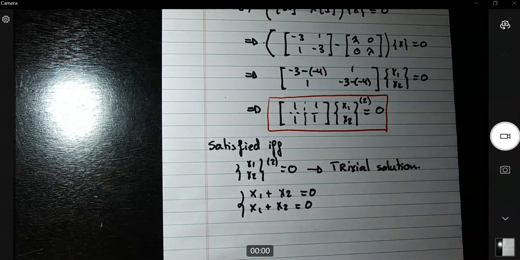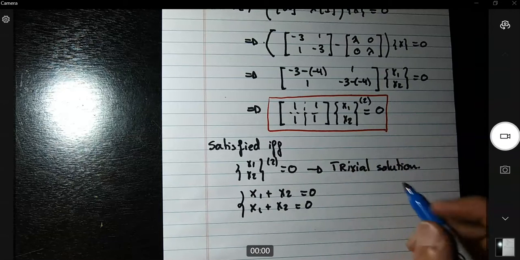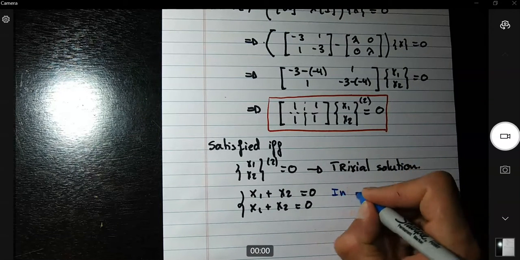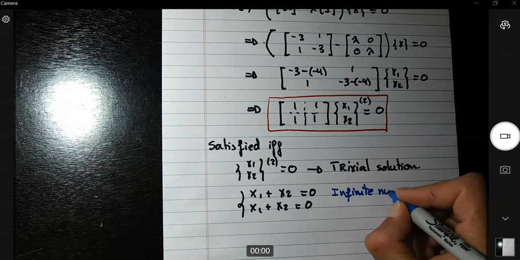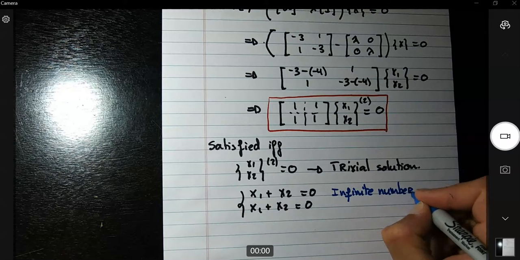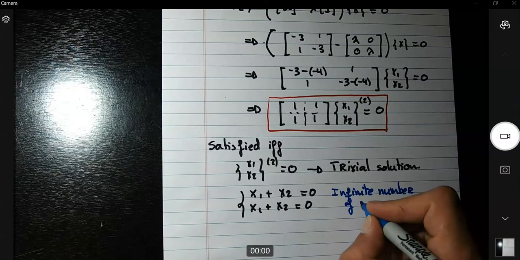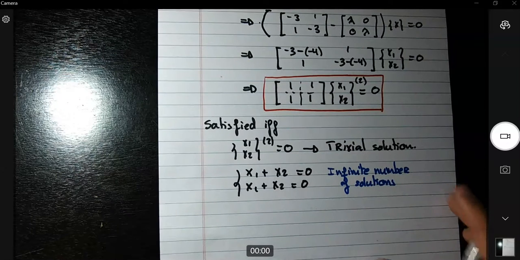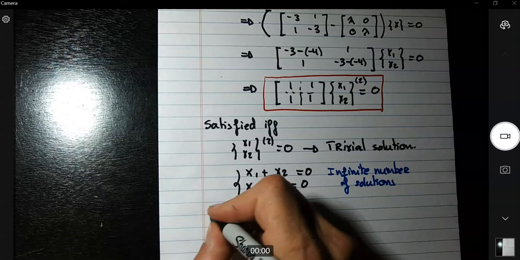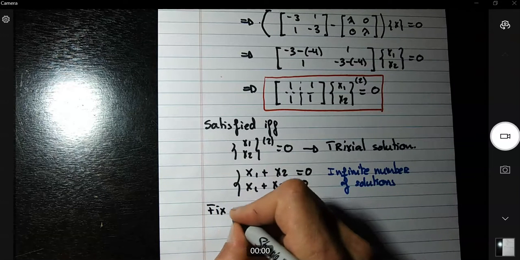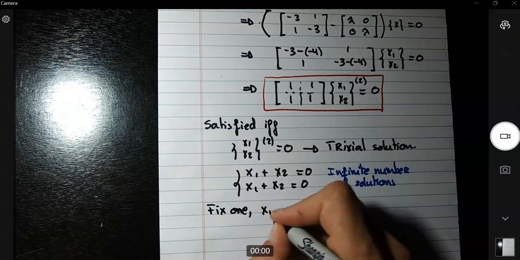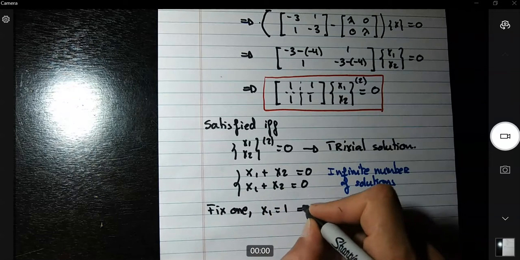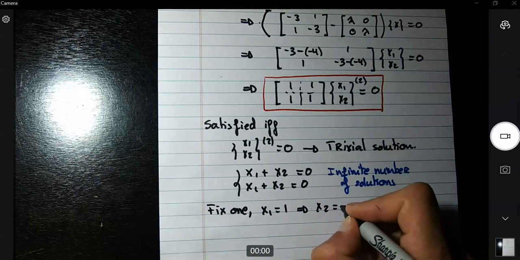So again, you see there's an infinite number of solutions. Same reason as before, because for the eigenvectors you're only interested in the direction and not the magnitude. So let's say we fix x1 equal to 1. In that case, x2 equal to minus 1.